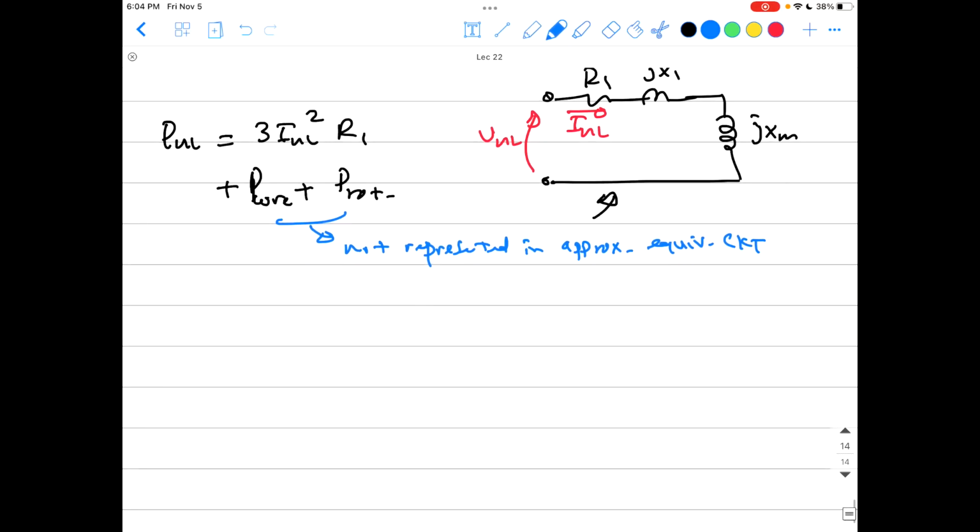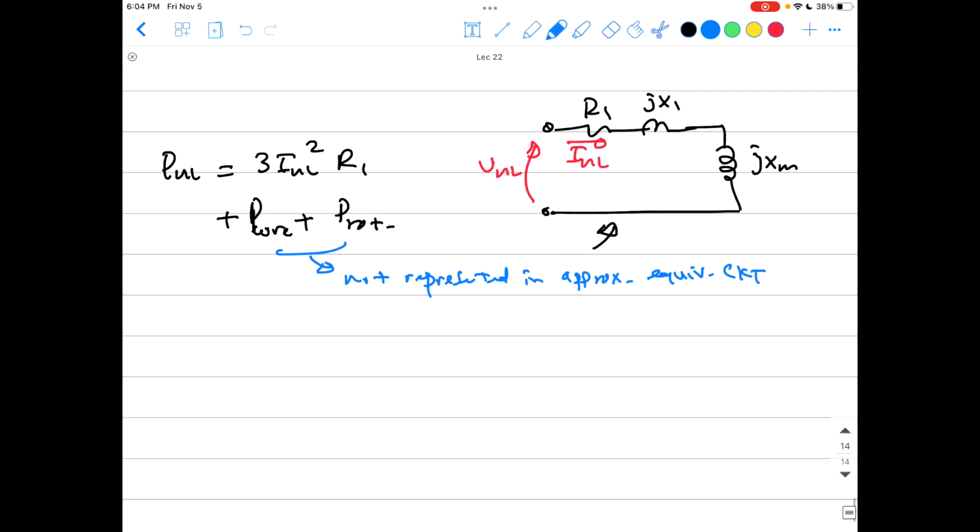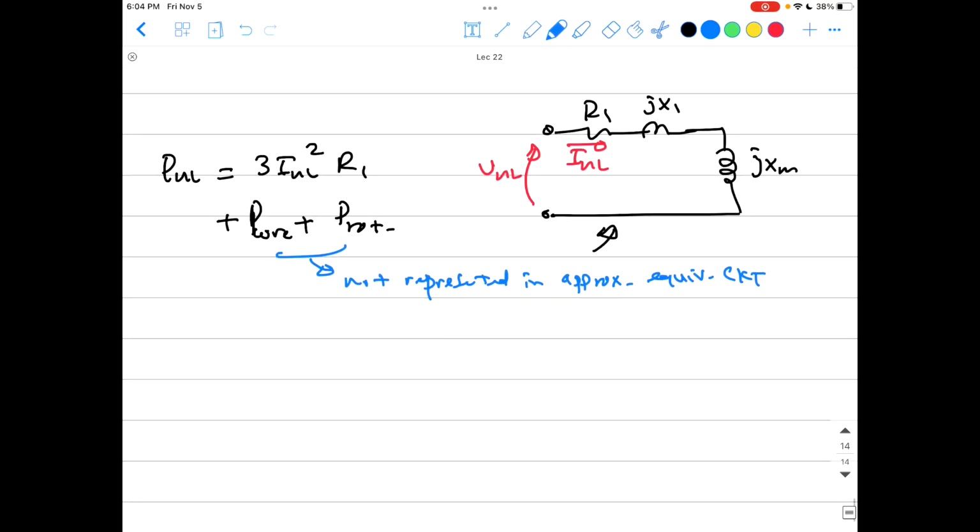That's good. So from here you can just use this one directly, not to find anything but to find those guys. Okay, so now just assuming that P rotational and P core are lumped together, you can find them together here.